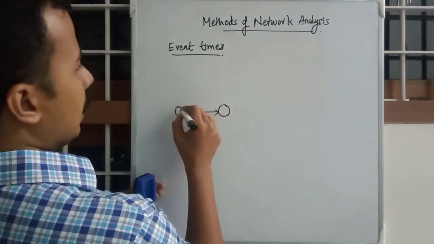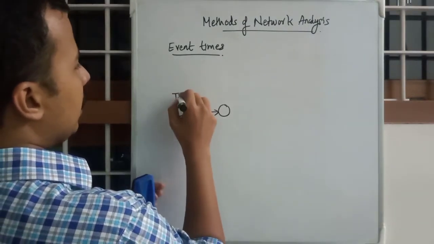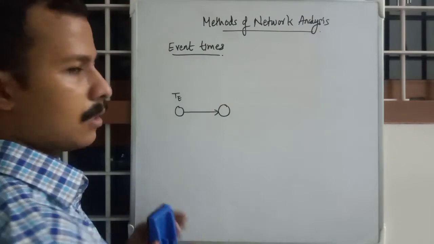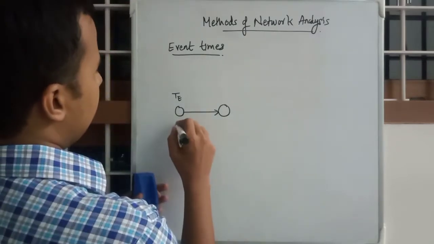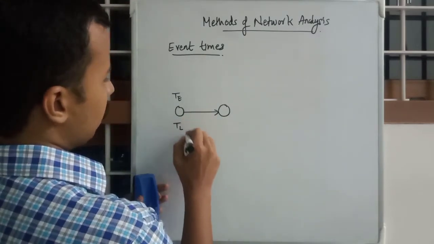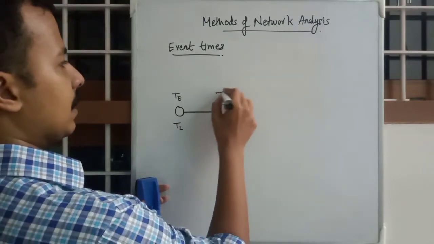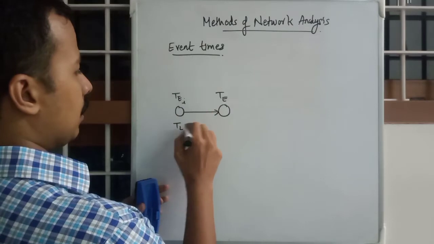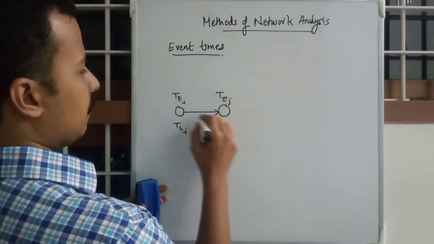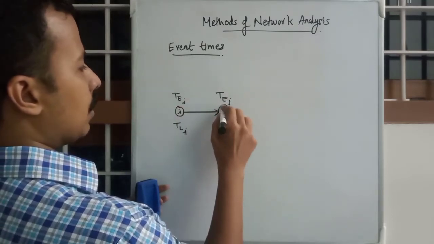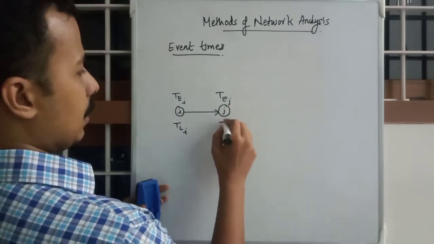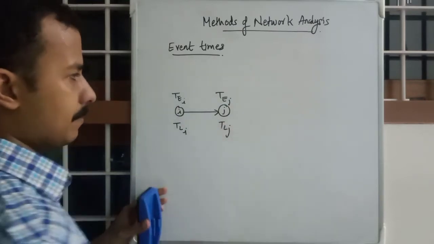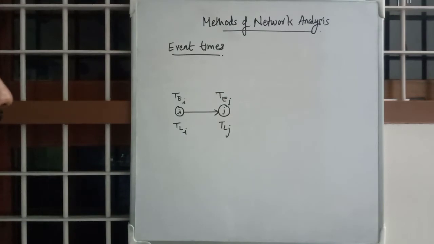There will be an earliest event time and a latest event time for each event. This is I, this is J, if the events are named I and J, with TE and TL values at each.